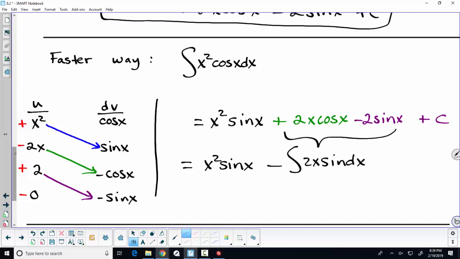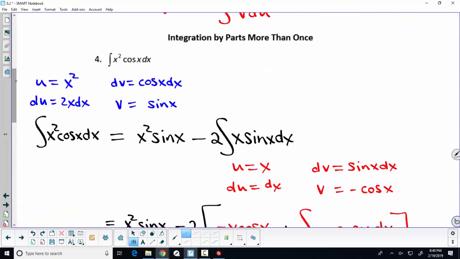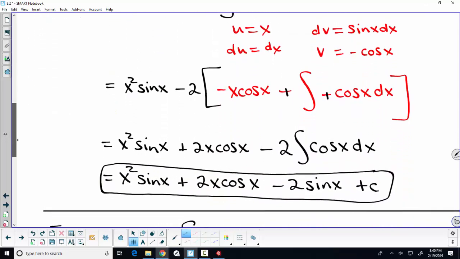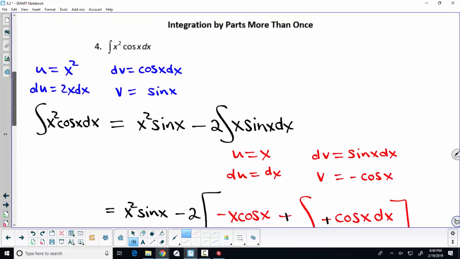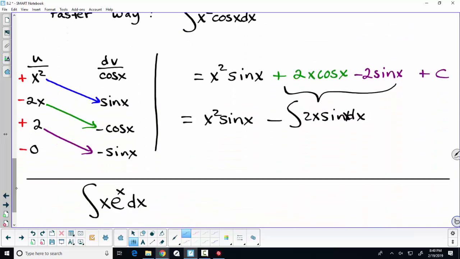I mean, we could, because remember this 2x sine x broke up into 2 more things, a product and an integral. That broke up into these 2 things. So yes, we could keep going. If we did this product and then this product, we would then have this integral left over.